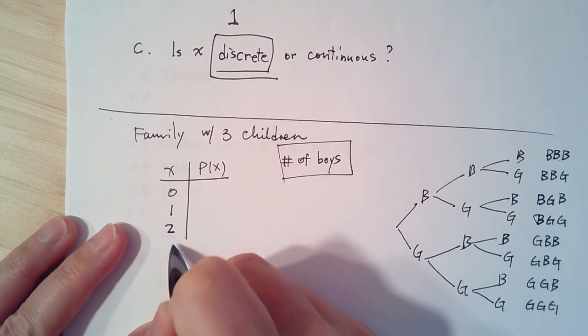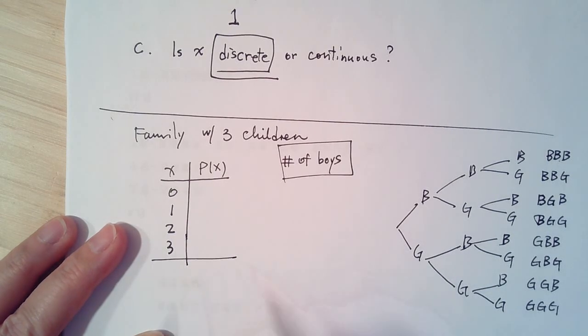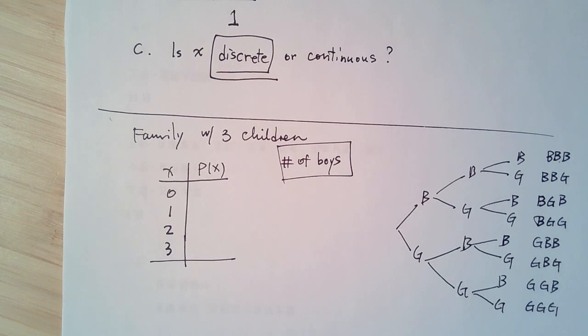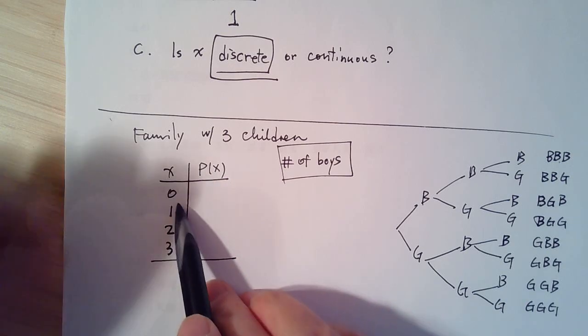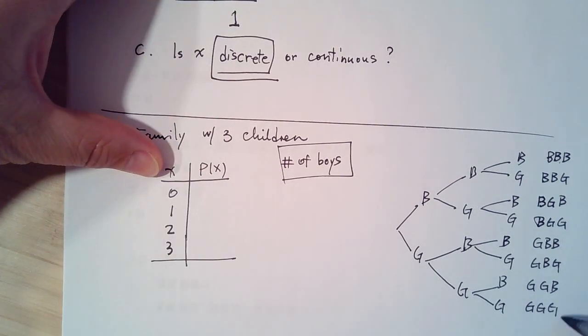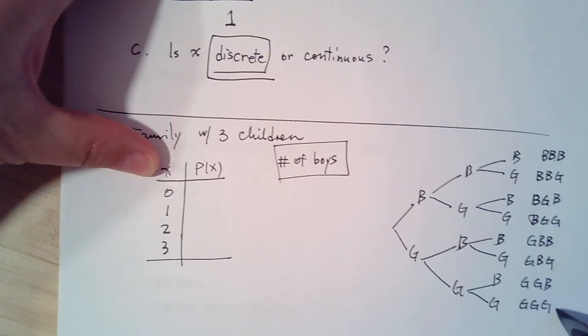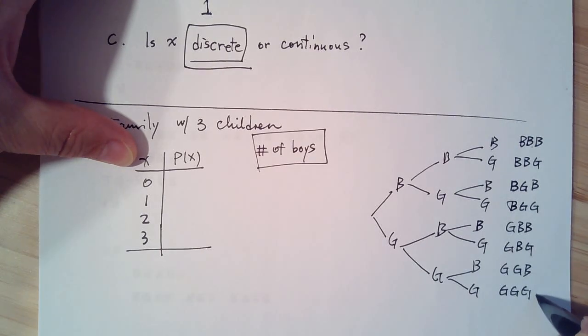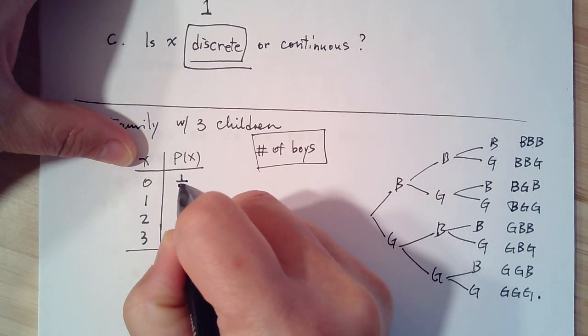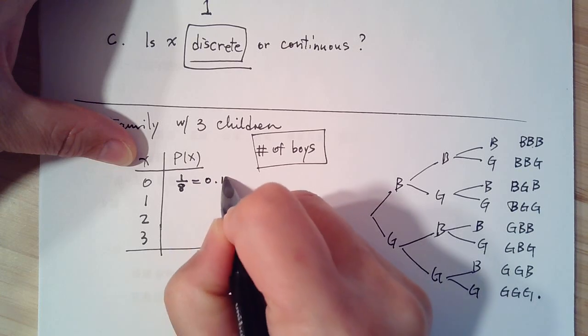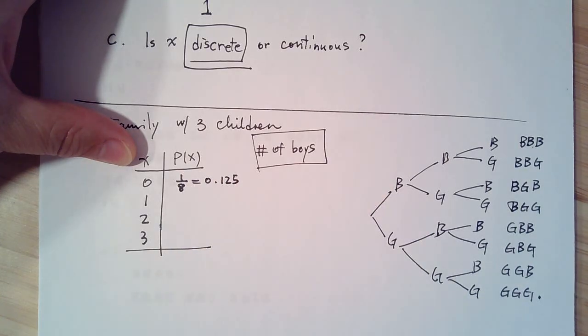So those are all the possible values for x. And what is the probability that there are no boys? This is the only chance, only 1/8, or you can write 0.125. That is the probability that there are no boys.